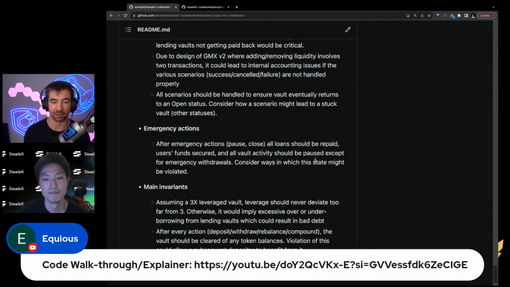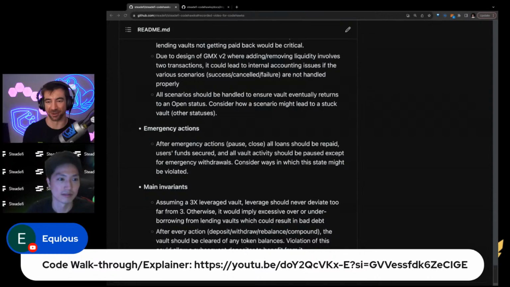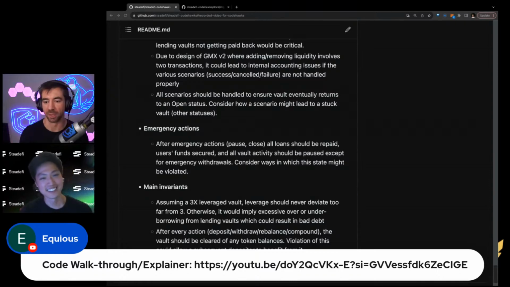At Cyfrin, we have literally spent just a day writing invariant tests, and we've been able to find critical bugs doing that. When I first got into competitive auditing, I called it cheating, because I found a lot of bugs. I was just like, all right, cool, let me write an invariant test suite real quick. Boom, found a couple of bugs. So it's a great way to do that, and we have the invariants written out here.